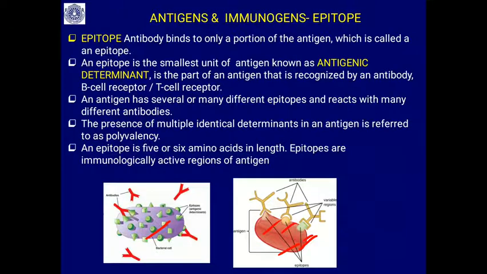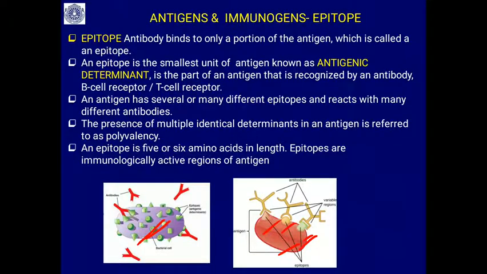The presence of multiple determinants in an antigen is referred to as polyvalency. There are many different types of antigenic determinants, and this is called the polyvalency of the antigen. An epitope is about 5 to 6 amino acids in length.